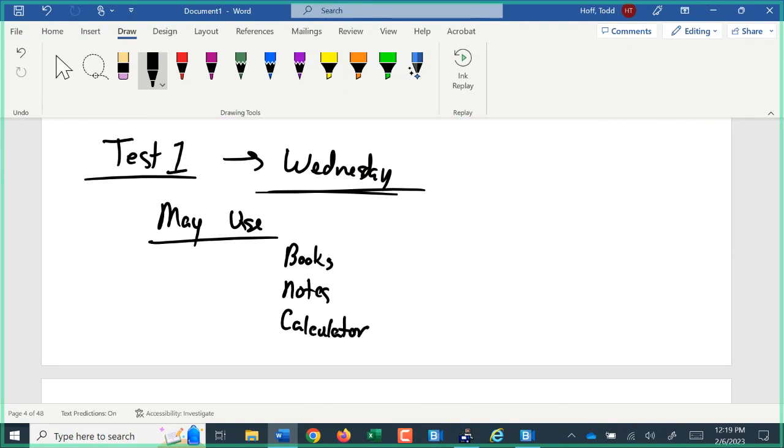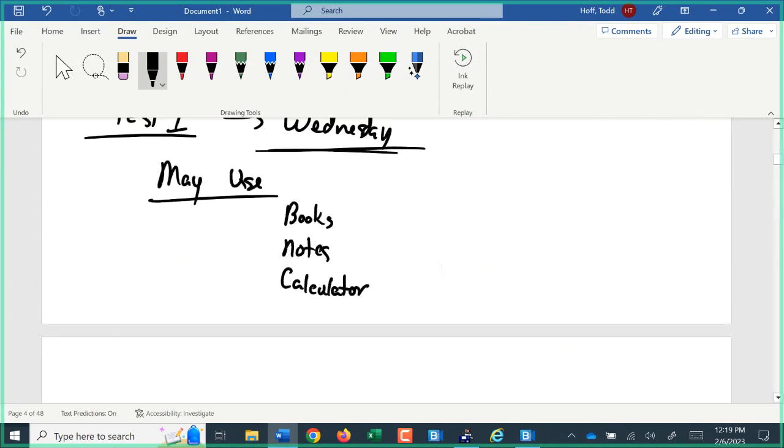If you are using a cell phone for a calculator, you just can't use any apps or anything like that other than just the calculator app. The big thing, though, is even though you can use a calculator, problems 1 through 13, you must show your work.